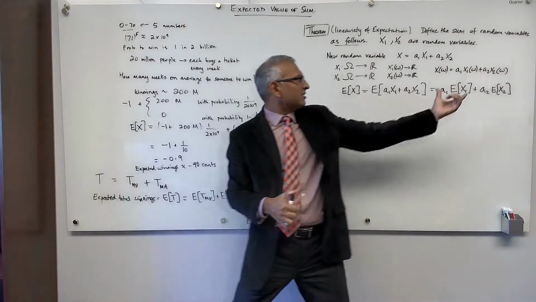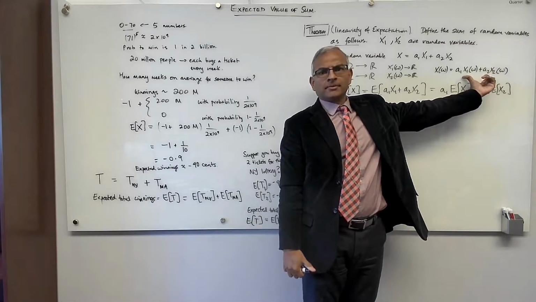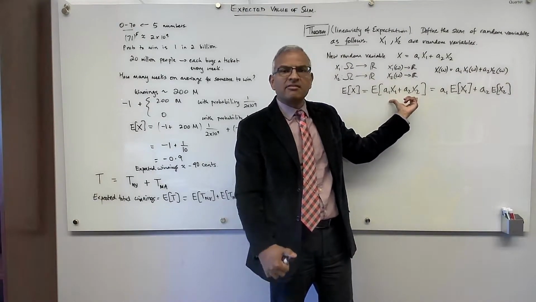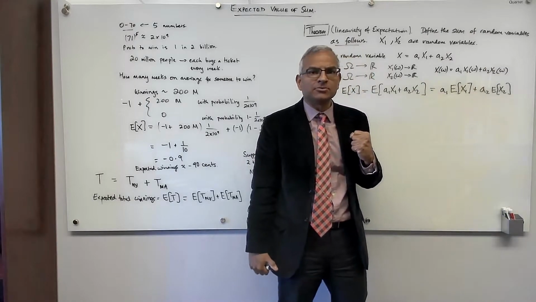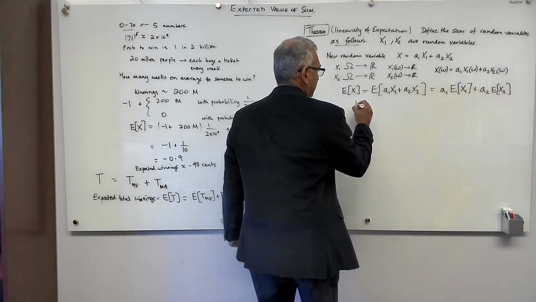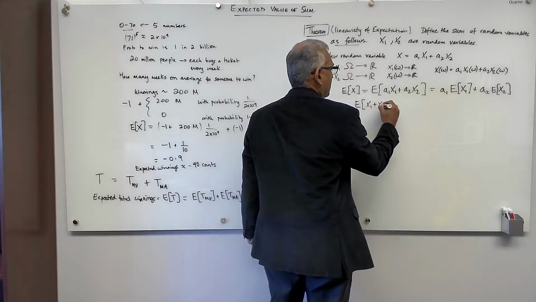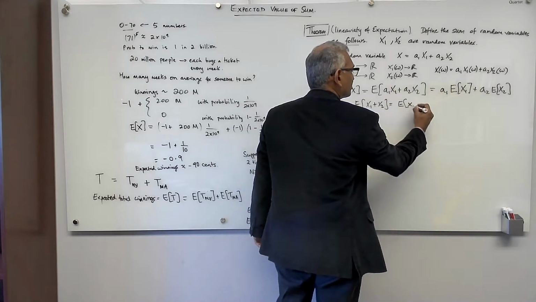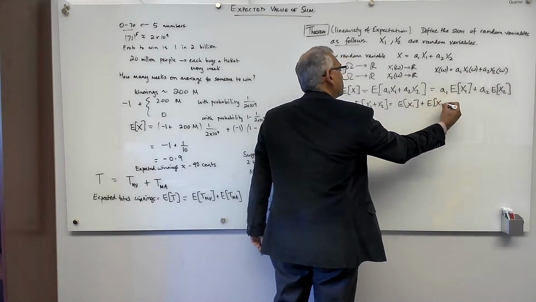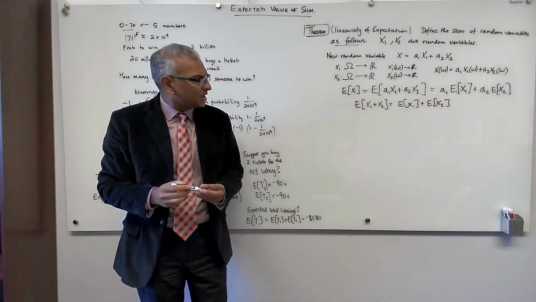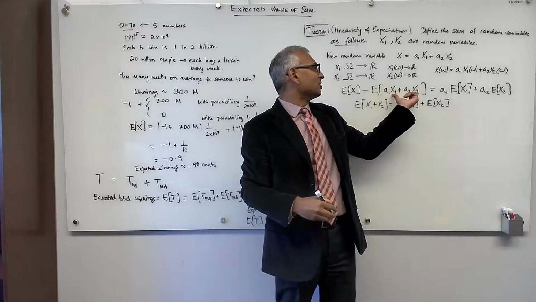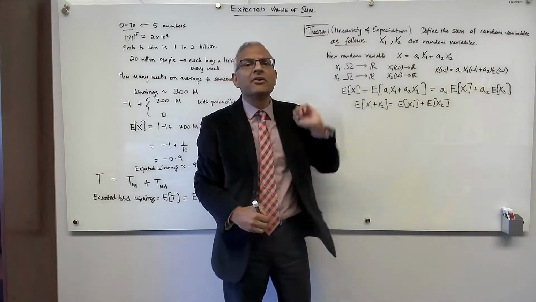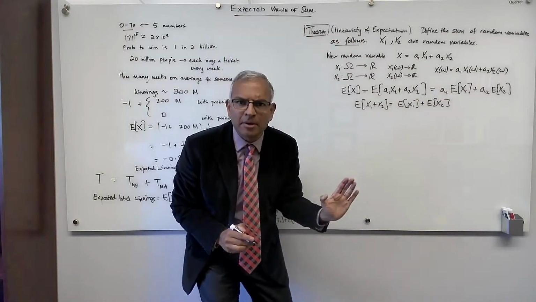So we say that this is a linear combination of X1 and X2, and the expected value of a linear combination is that linear combination of expected values. In particular, the expected value of a sum is equal to the sum of expected values. So when a1 and a2 are both 1, it's equal to the sum of the expected values. And that's very important. Because the expected value of a linear combination is that same linear combination of expected values, this is called the linearity of expectation. So that's the theorem.